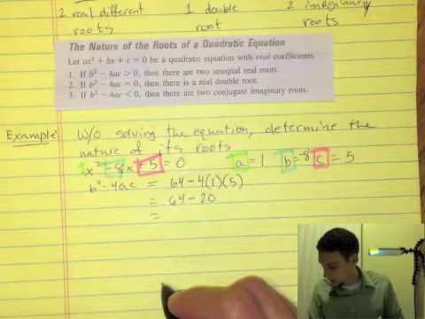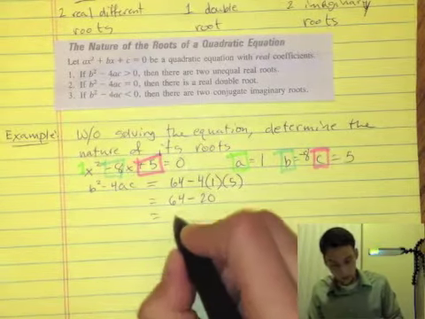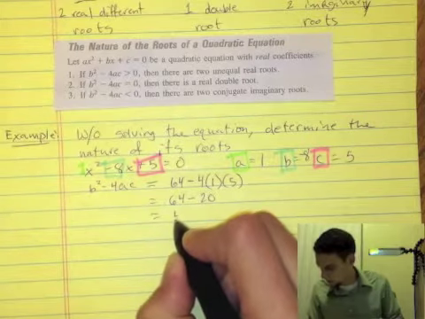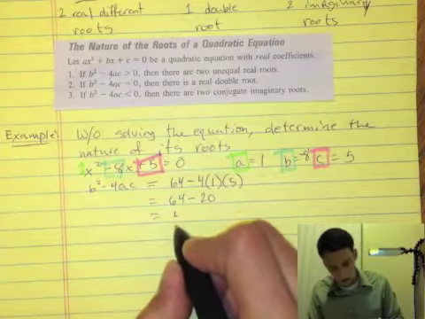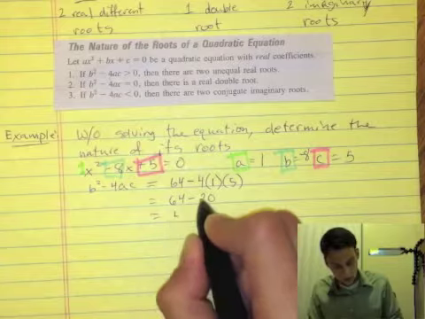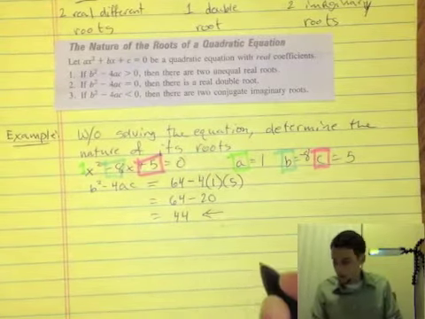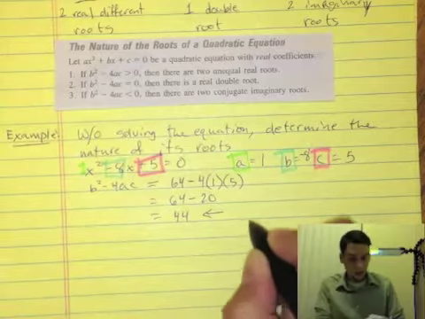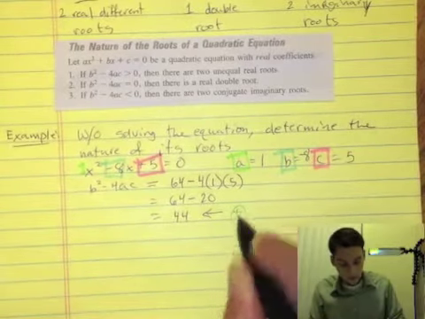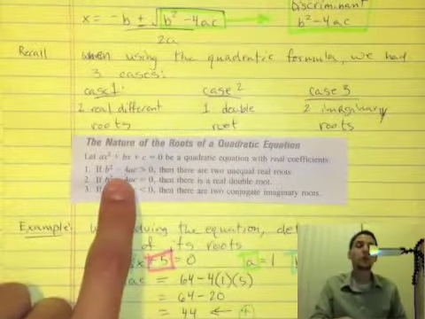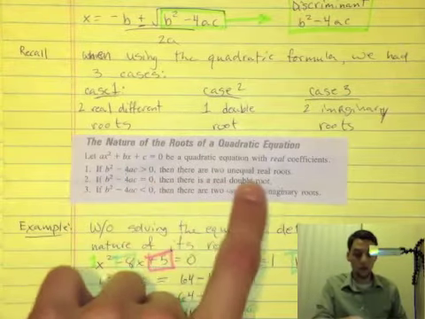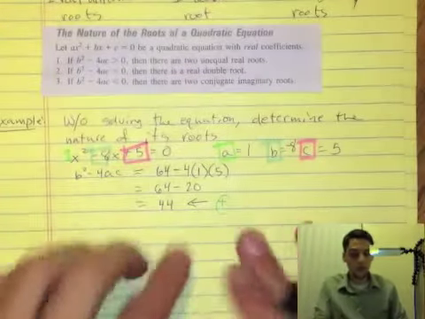And that gives us 40? No. 44. Yes, 44. So this is positive, which means it's greater than 0. So it's case 1. Then there are two different real roots, two unequal real roots.